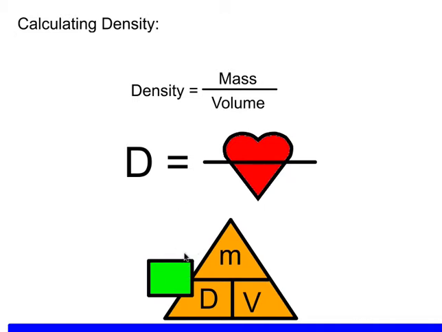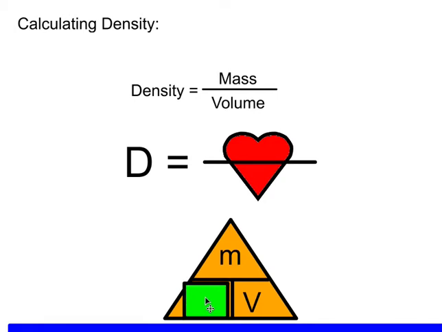Or when you're calculating with density, you could use this hyperintelligent triangle. You arrange your triangle where you put mass at the top and density and volume downstairs. Depending on what you're trying to calculate, if you're bad at algebra, this triangle is actually very good at algebra. Let's say I want to know what the density is.